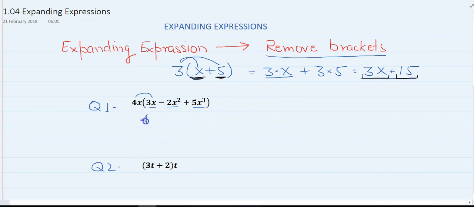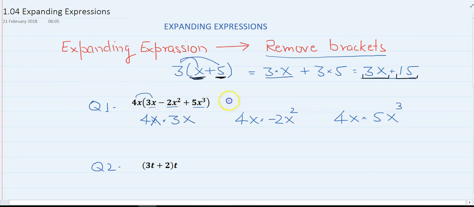So 4x multiply 3x, then 4x multiply minus 2x square, then 4x multiplied by 5x cubed.